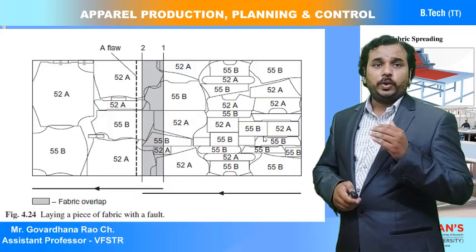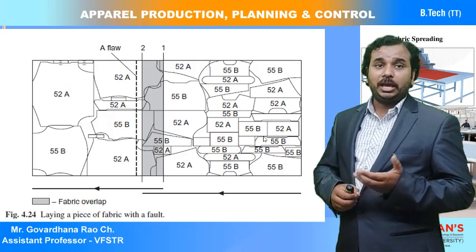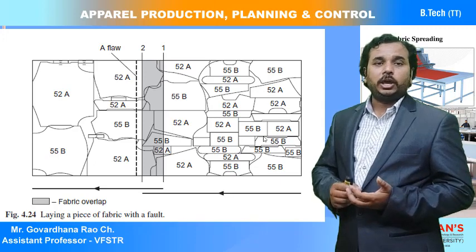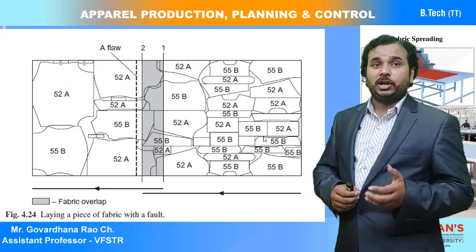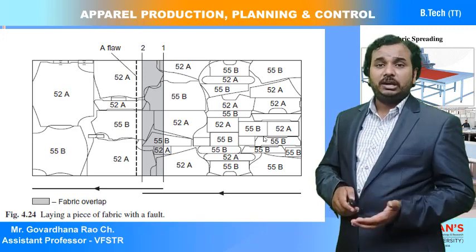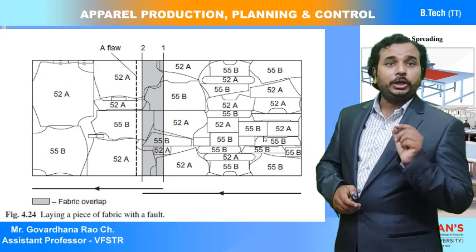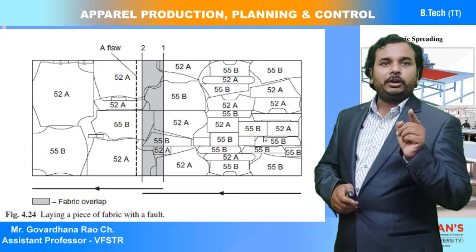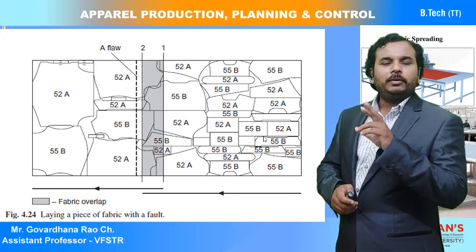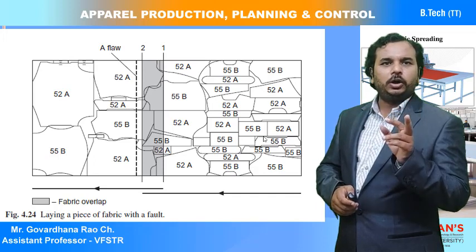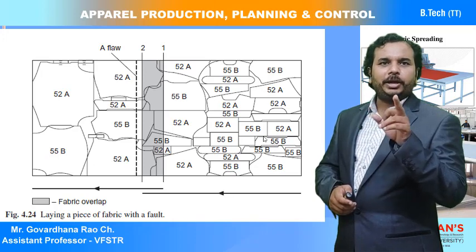You can see where the overlap of the fabric can be done, and the overlapping area becomes waste. Wherever the fault came, the overlapping is going to be done like this. You can observe the splice point 1 and point 2. The cut component of 52A, point 1 tip, and point 2 part is going to be followed for 55B, that component edge.